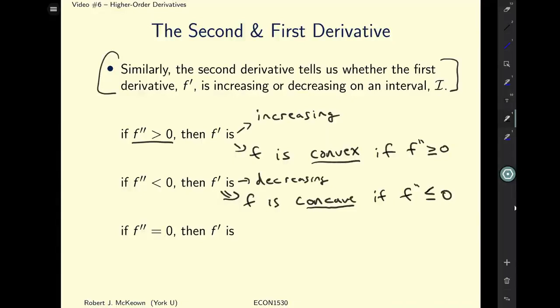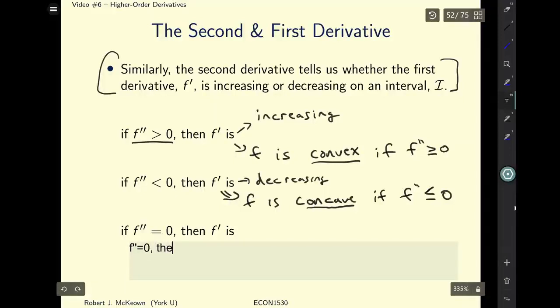Now, the last one is kind of a trick, but one that students always ask me. What happens if f double prime is equal to 0? Then f prime is constant, or I should say, then the rate of change in f prime is constant, and f, the function, is both concave and convex.